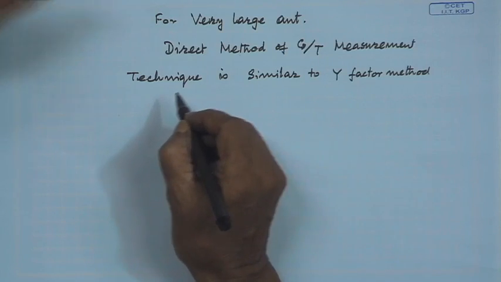So, two different noise sources, and then the ratio of these two measurements gives us a factor called Y, and based on the Y and the measured noise power, you can calculate and find out the noise temperature. So, similar techniques are used here, and since the aperture is very large, they put a calibrated noise source in front of the aperture, and that too is a difficult scenario.